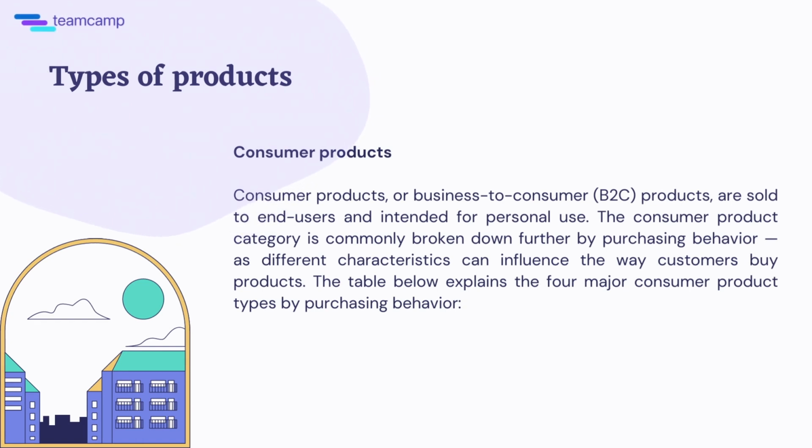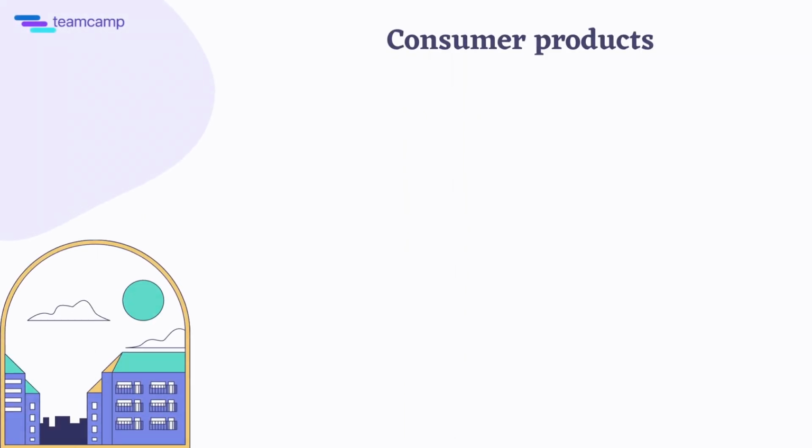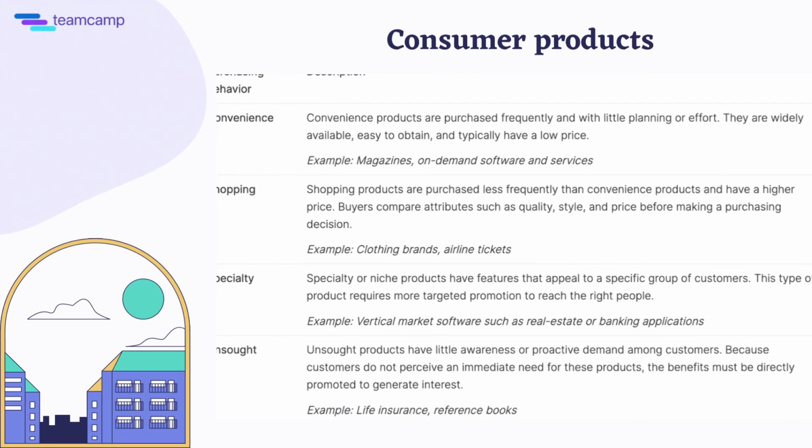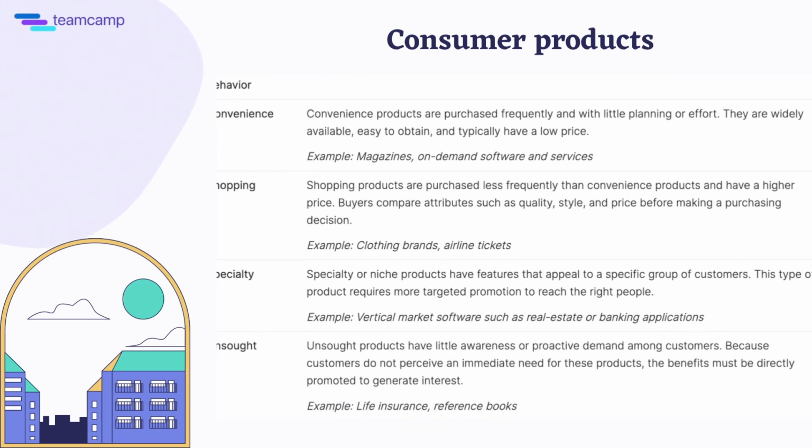Consumer products, or business-to-consumer (B2C) products, are sold to end users and intended for personal use. The consumer product category is commonly broken down further by purchasing behavior, as different characteristics can influence the way customers buy products. The table below explains the four major consumer product types by purchasing behavior.